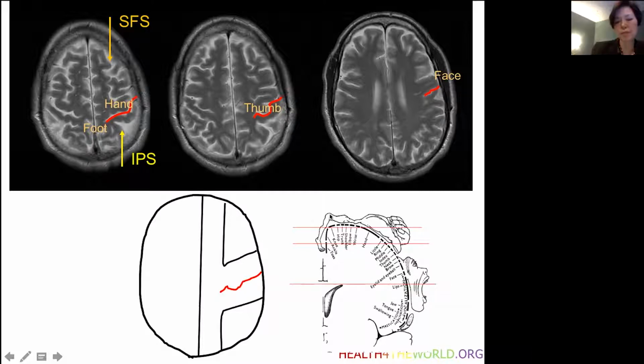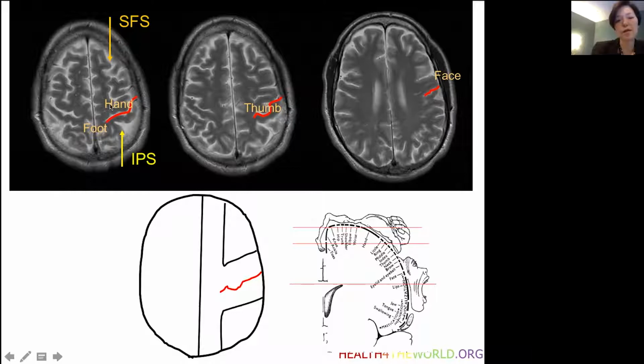And then you have body, and then lower extremity is in the medial aspect. So the midline portion of the pre and post central gyri, this is the motor and sensory of the foot or lower extremity. And then the large portion is the hand. Plus you can see the little knob here. This is the center of the thumb.